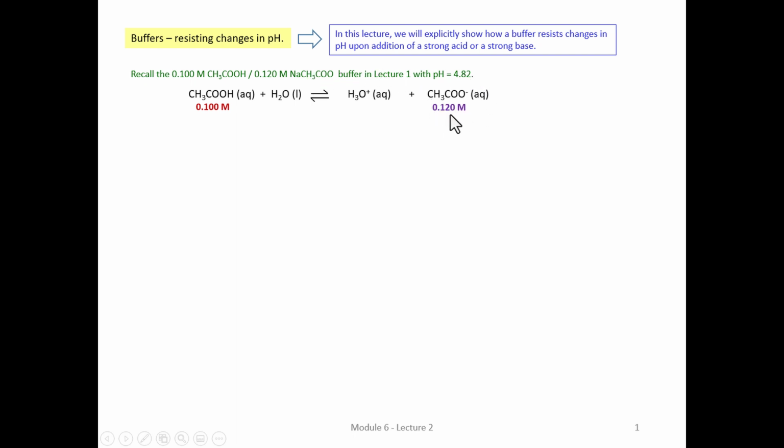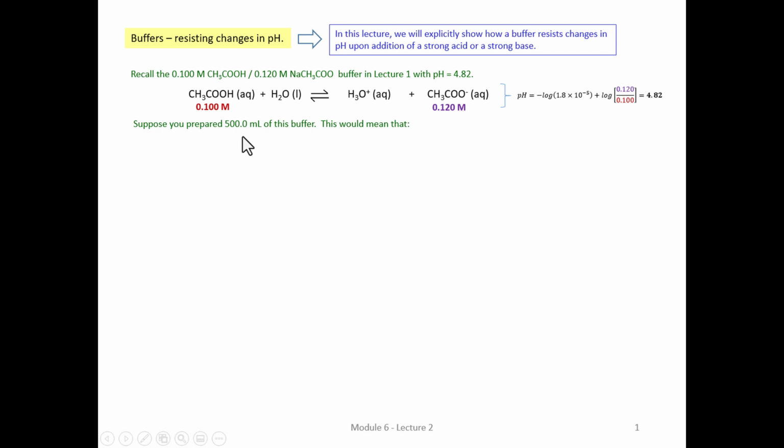Remember, sodium ion is a spectator. And we can calculate the pH of this buffer by taking the pKa, minus the log of the Ka value of the acid form, and add that to the log of the ratio of the base form, which is acetate here, 0.12 over 0.1, and we get a pH of 4.82.